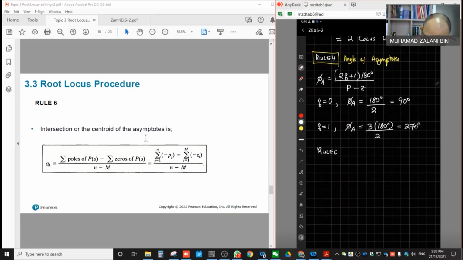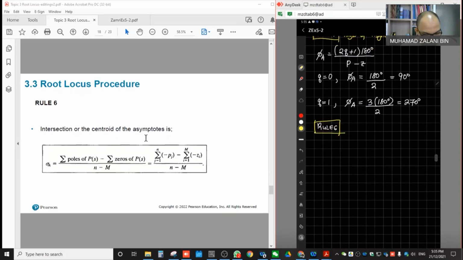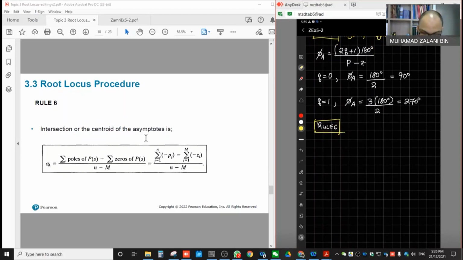For rule 6, to define the centroid or intersection, we use the equation sigma A equals the summation of the real part of poles, minus the summation of the real part of zeros, divided by the number of poles minus the number of zeros.